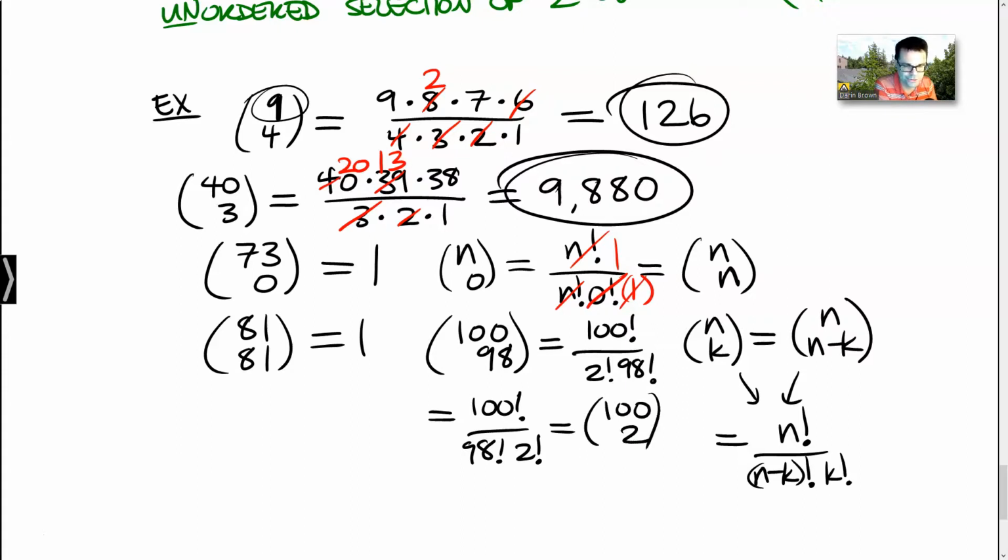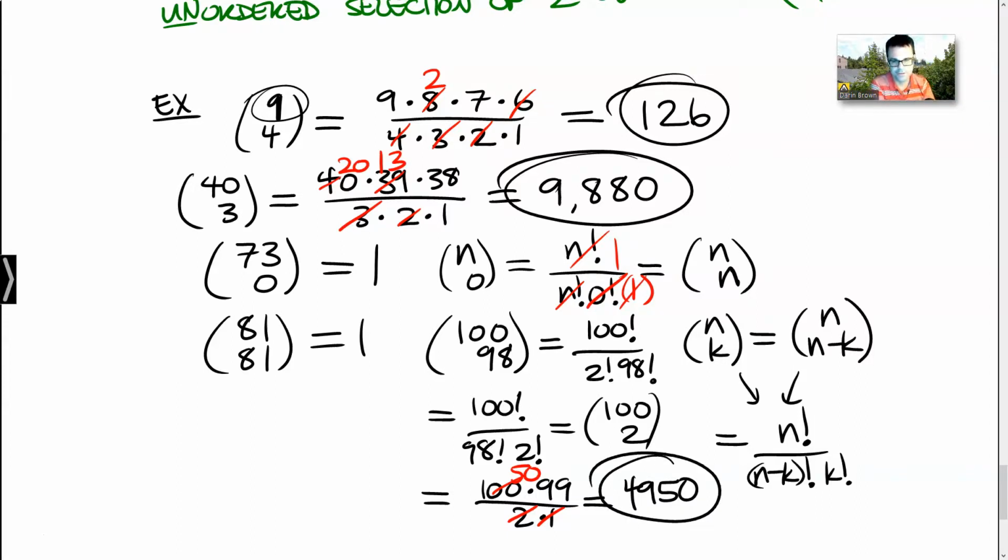And 100 choose 2 is much easier to do because that's just 100 times 99 over 2 times 1. And so you can just take that. Okay, that's 50. So it ends up just being half of 9,900. So that's 4,950. Okay, so that's another thing to be aware of with these binomial coefficients.